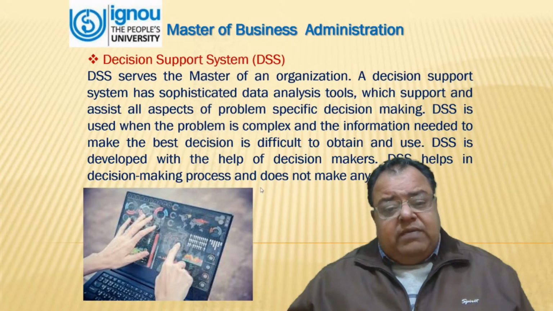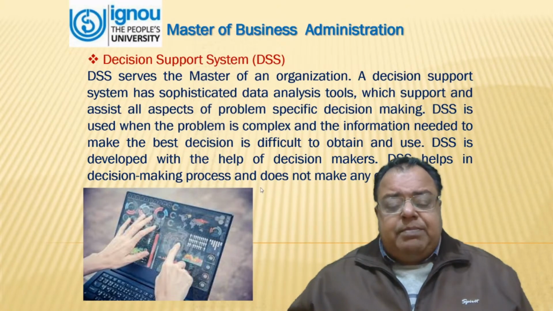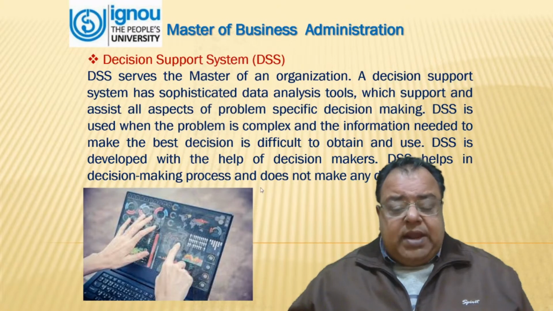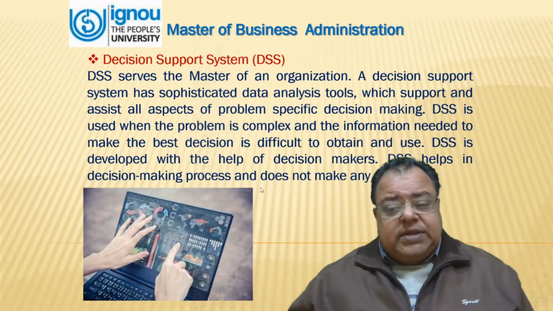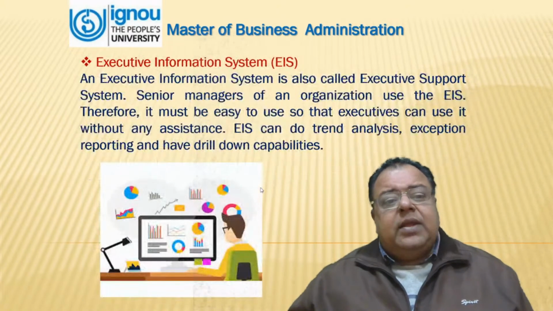DSS is used when the problem is complex and the information needed to make the best decision is difficult to obtain and use. DSS is developed with the help of decision makers. DSS helps in the decision making process and does not make any decision of its own.